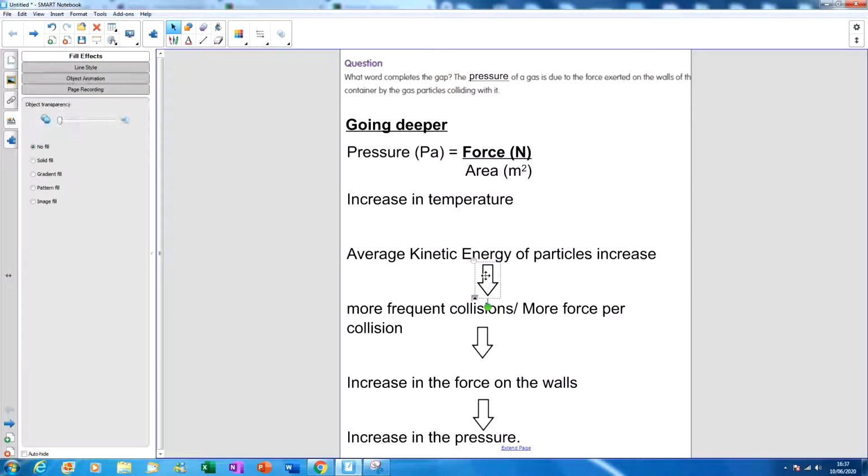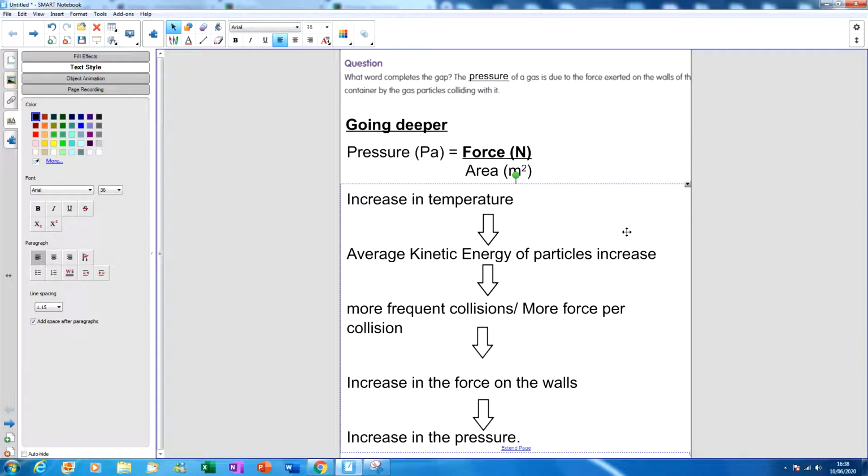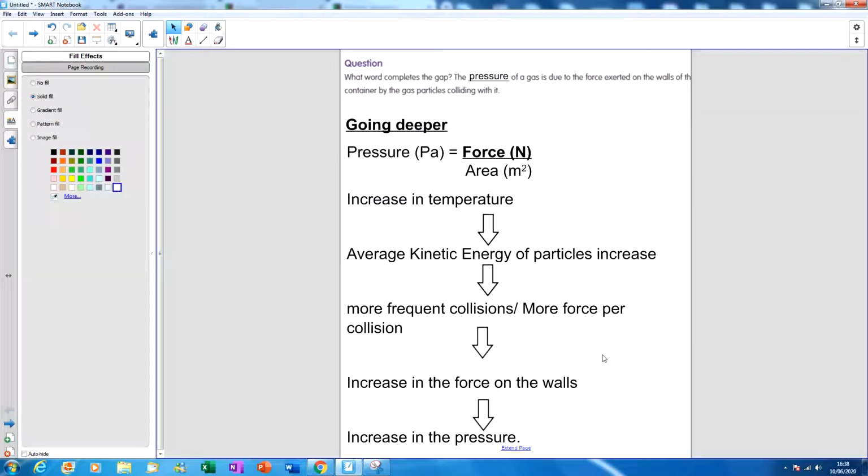This leads to the average kinetic energy of the particles increasing, which basically means that the particles are doing 2 things.